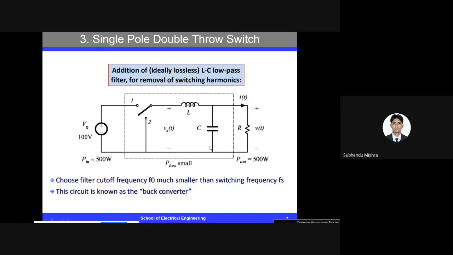It is only the resistor that uses real power, but the inductor and the capacitor don't use real power. So from there you can realize that this kind of realization is possible.